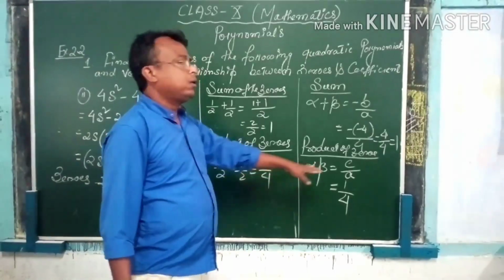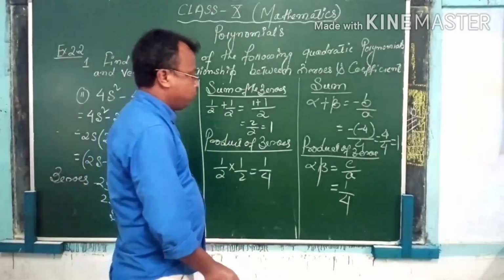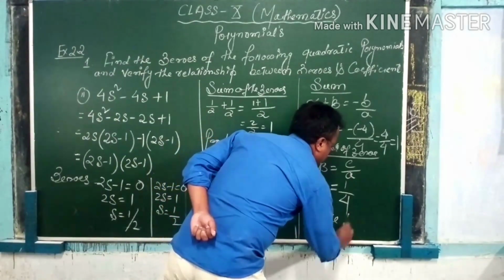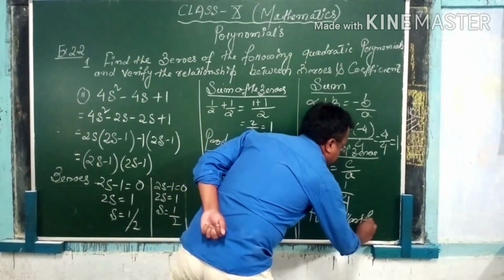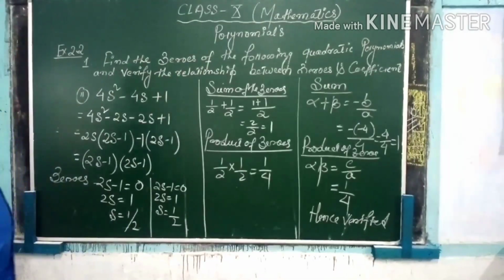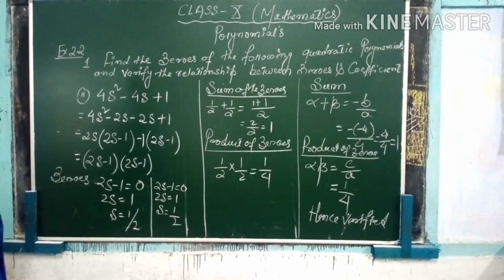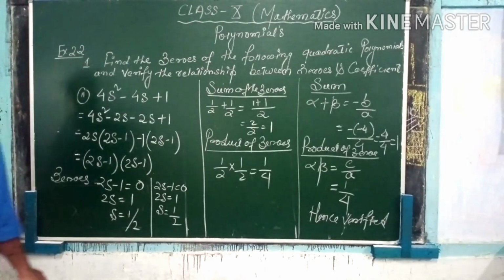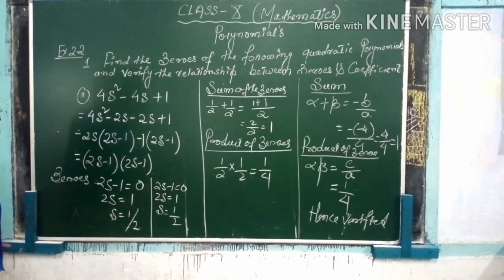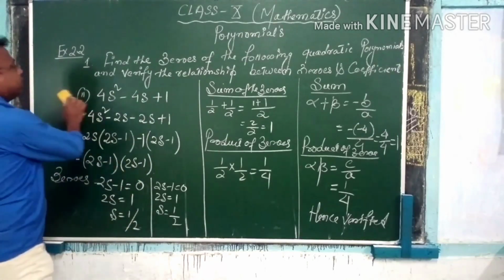Here the product is 1 by 4, and here also I am getting 1 by 4. So like that we can verify the relationship between zeros and coefficients of a quadratic polynomial. Now try to do more questions.